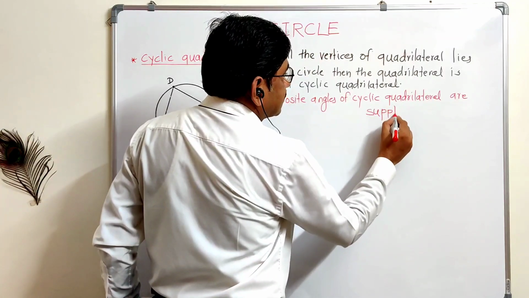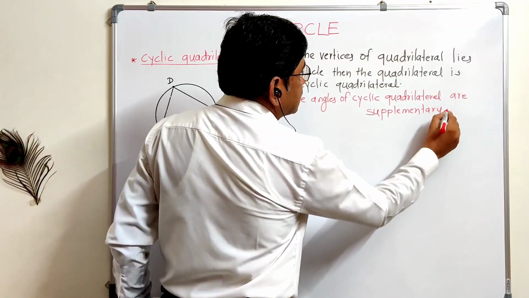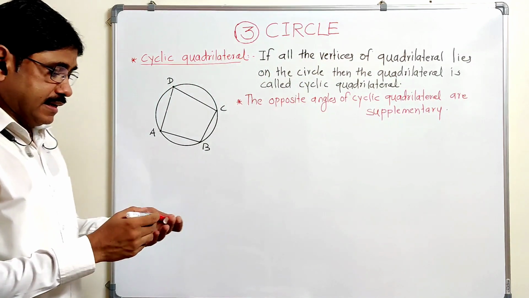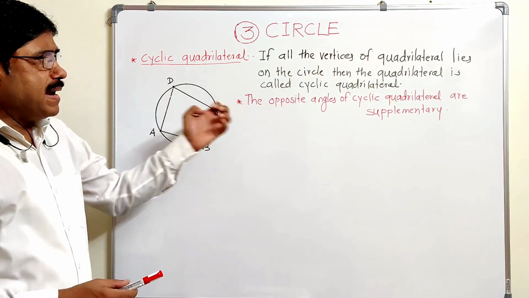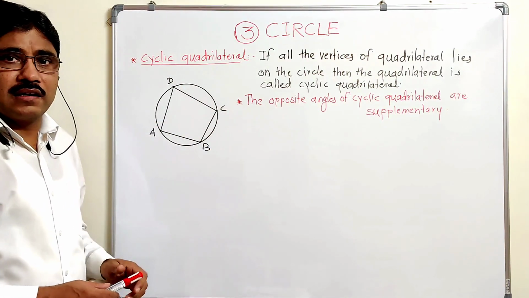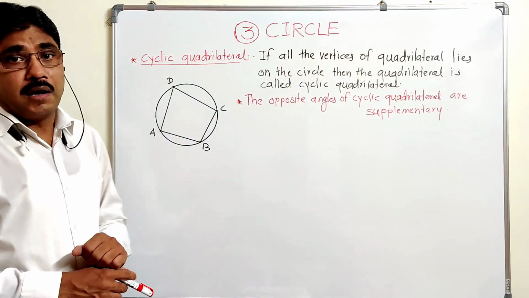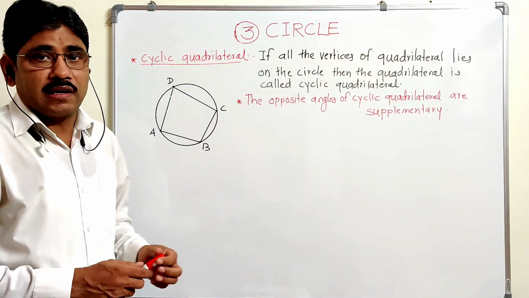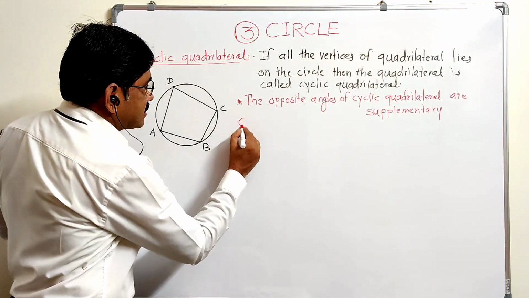Supplementary means their sum is 180 degrees. So here, this is the main theorem in the cyclic quadrilateral. This theorem is known as the theorem of cyclic quadrilateral. The opposite angles of a cyclic quadrilateral are supplementary. Supplementary means their sum is 180.